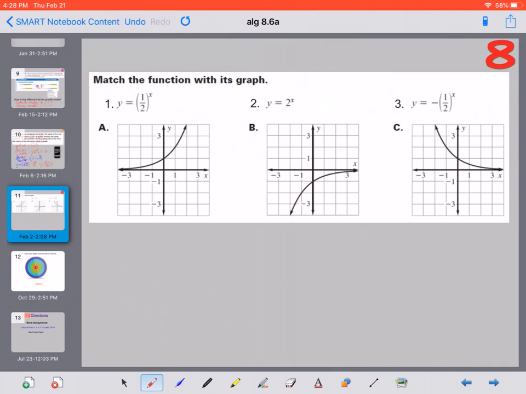As I see a negative down here, what number 3 is saying is that I have a negative 1 times 1/2 to the x power. So anything that I multiply by 1/2 to the x power, I have to multiply by negative 1. So anything that I have is going to be negative. So I know that 3 is going to go here with b.